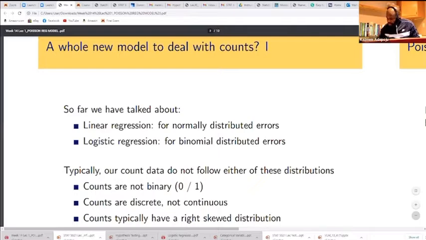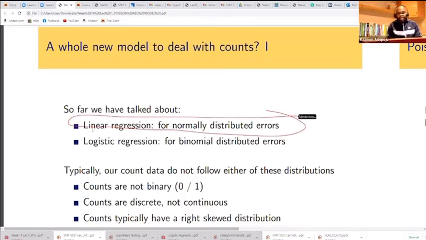The regression models we talked about before, such as the linear regression model, assume the error is normal, and that very assumption will be violated when you are dealing with count data. That is one of the reasons why linear regression cannot be used to model count data.